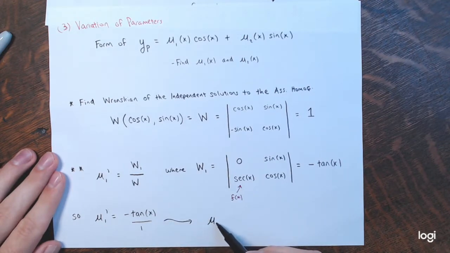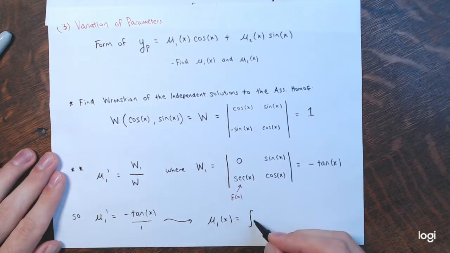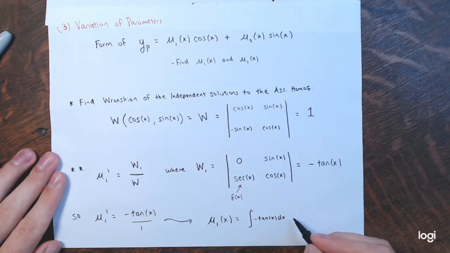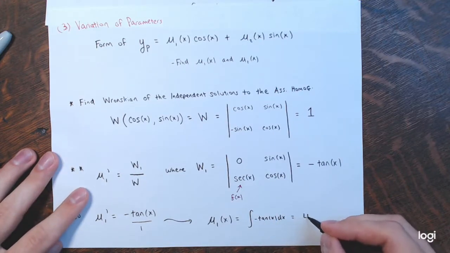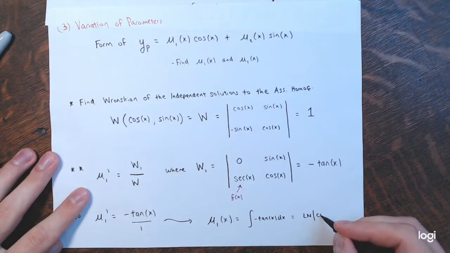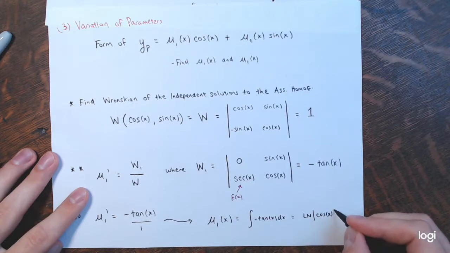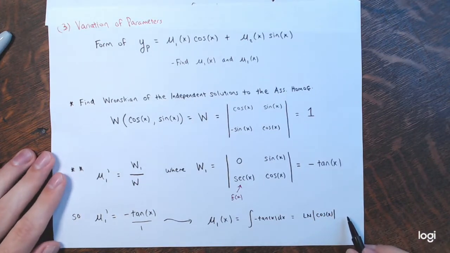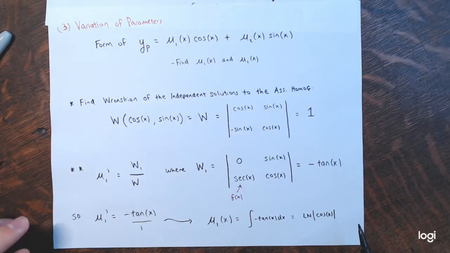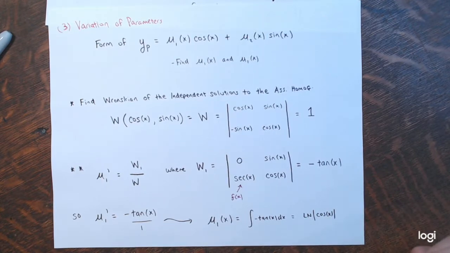So u1 of x is equal to the integral of negative tangent x dx, which is the natural log of the absolute value of cosine x. And don't worry about the plus constant here. Again, if you read your textbook, they're going to tell you, hey, the addition of a constant won't make any difference, right? So I'm going to ignore the constant for right now.